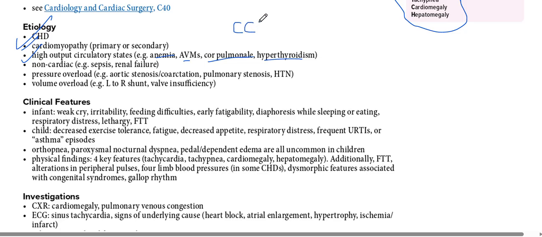Another cause is anemia. Another cause is AV malformations. Then another cause is cor pulmonale, one more C, and then hyperthyroidism.